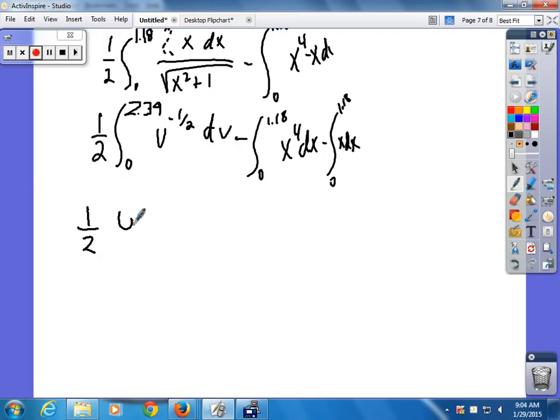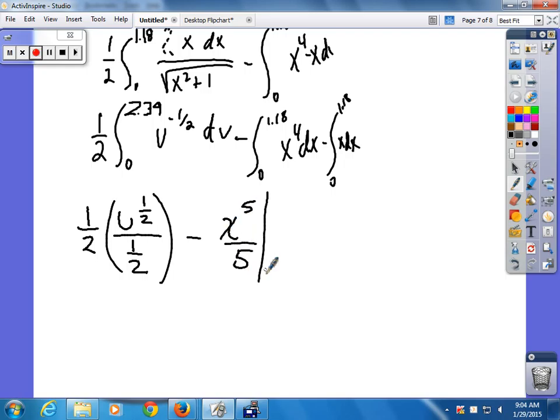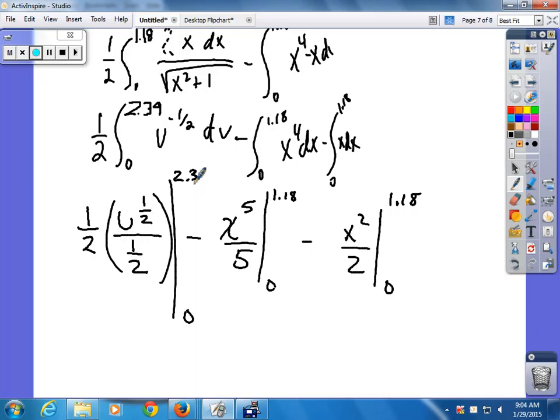U to the 1/2 over 1/2, evaluated at 0 and 2.39, minus x to the fifth over 5 evaluated at 0 and 1.18, and minus x squared over 2 evaluated at 0 and 1.18.